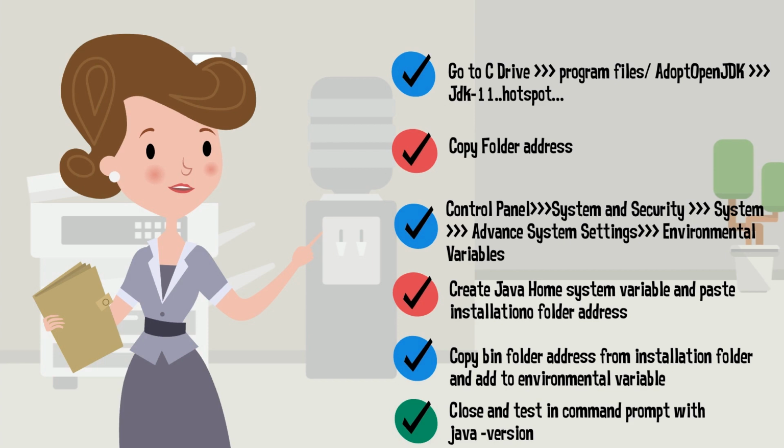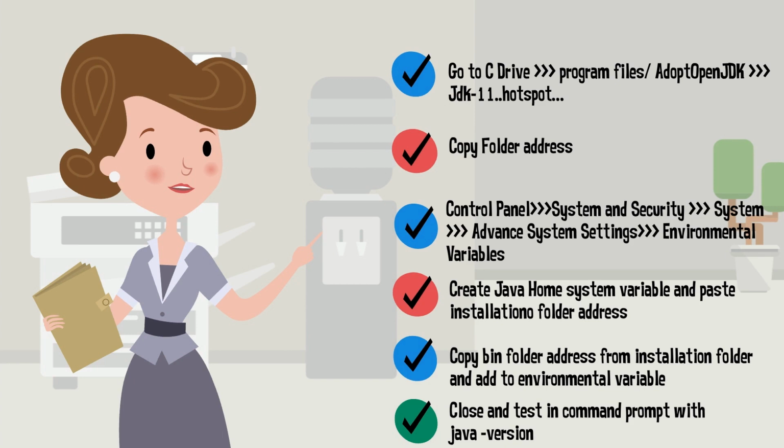After that, once we are there, we need to create a Java home in the system variable. So we create a Java home input, the name is Java home, in system variables, and then paste the folder address that we copied in here. Don't worry, I will demonstrate all this. Just keep the steps in your mind.